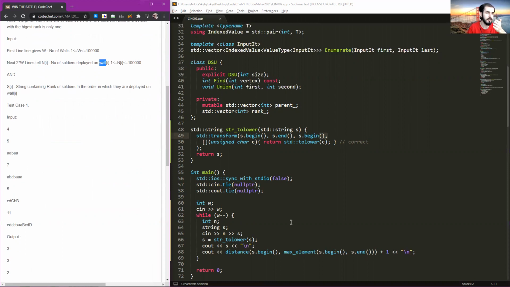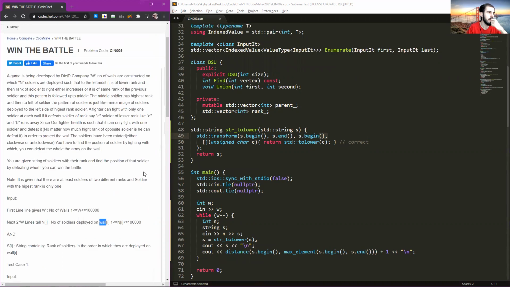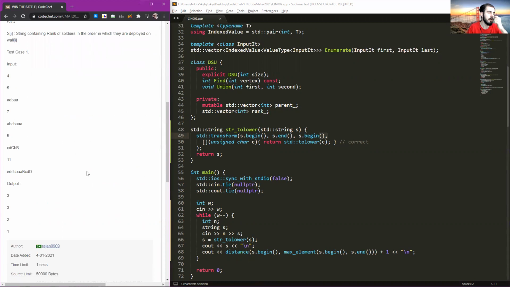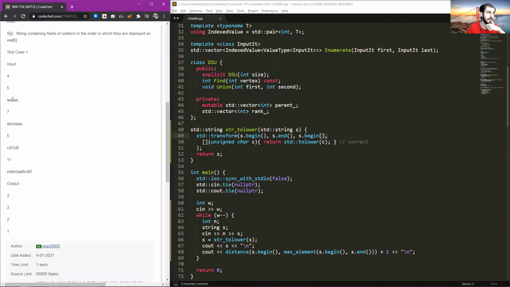Apparently we are... number of soldiers. Okay, I don't need the number of soldiers, to be honest. Here the max is third. Here the max is third. Here the max is second. Here the max is first.